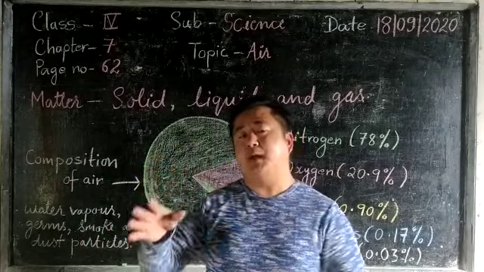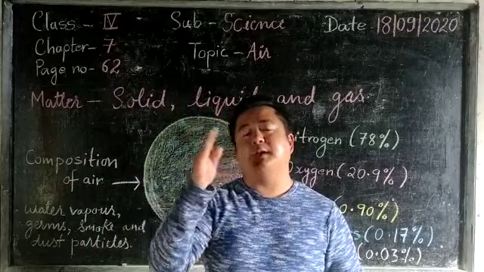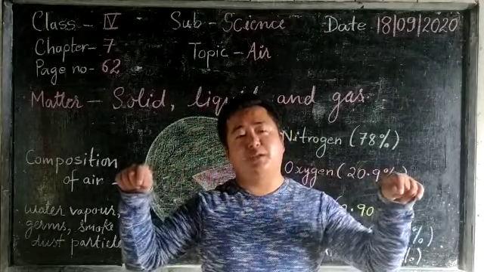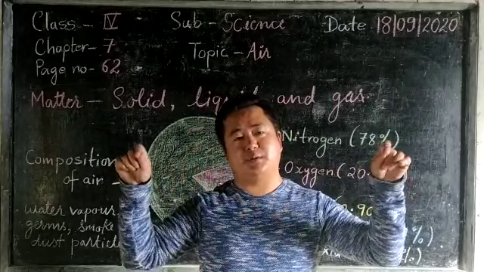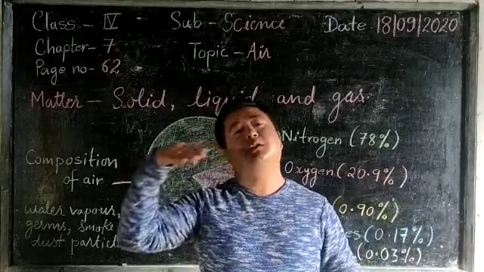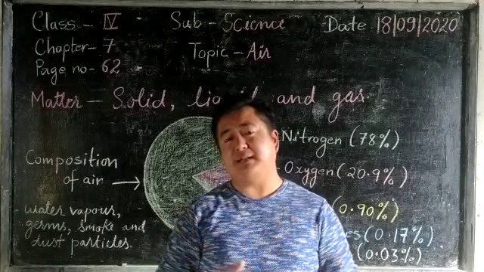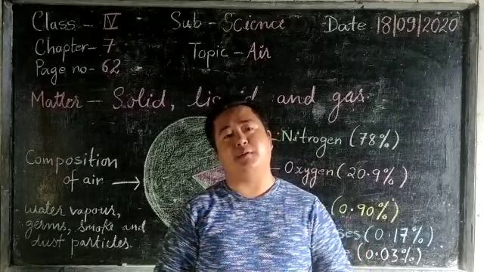You can see the rustling of the leaves, and when you dry the clothes, you can see the clothes shaking on the clothes line. This is how we can make out that it is air.